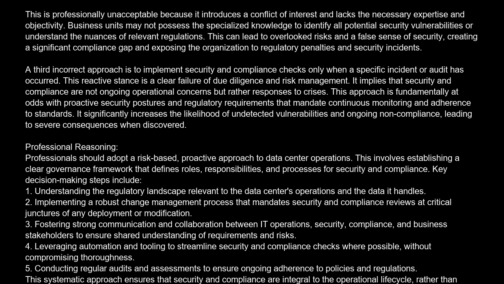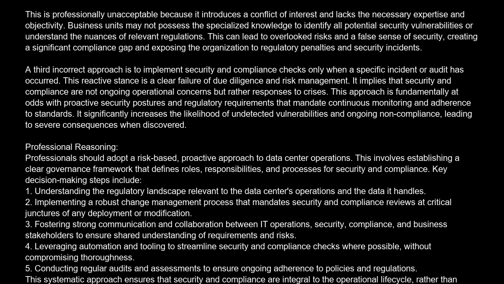Business units may not possess the specialized knowledge to identify all potential security vulnerabilities or understand the nuances of relevant regulations. This can lead to overlooked risks and a false sense of security, creating a significant compliance gap and exposing the organization to regulatory penalties and security incidents. A third incorrect approach is to implement security and compliance checks only when a specific incident or audit has occurred.